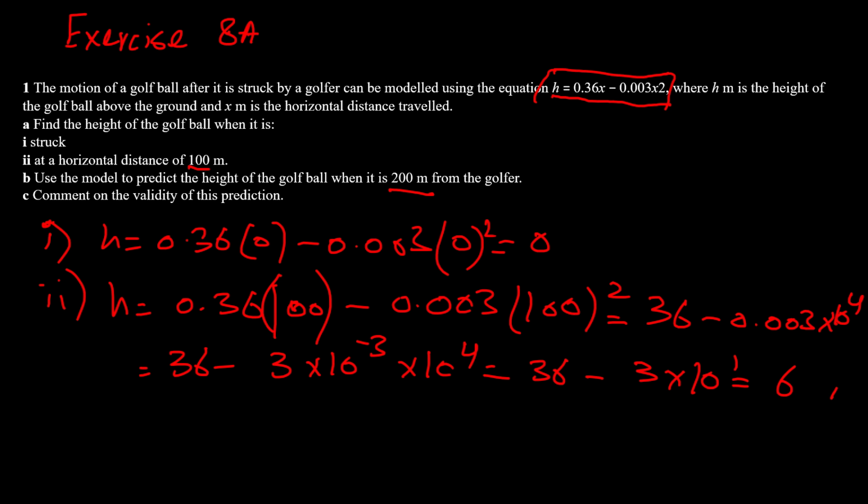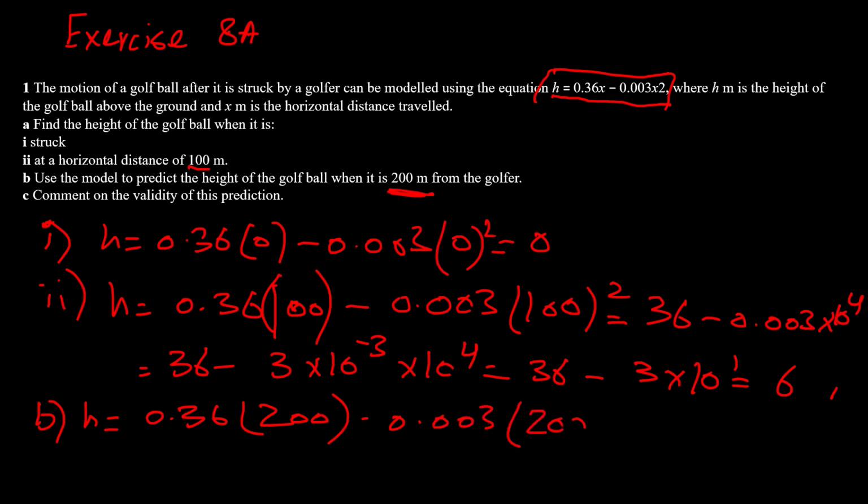That's part B. Again we replace x by 200, so the height will be 0.36 × 200 − 0.003 × 200².